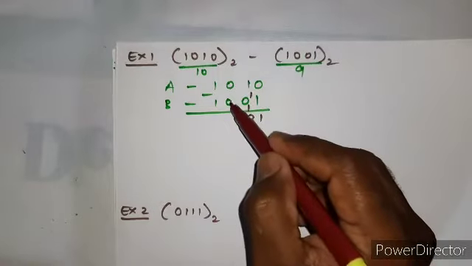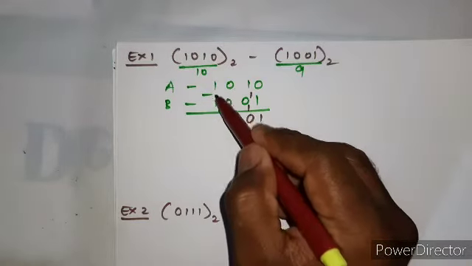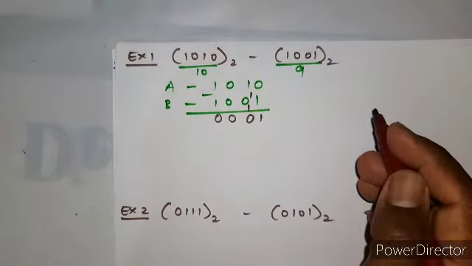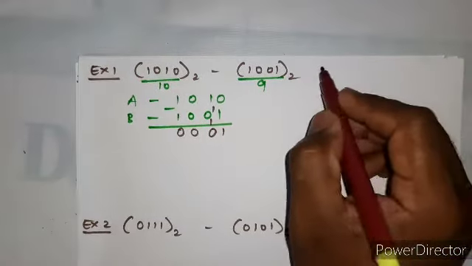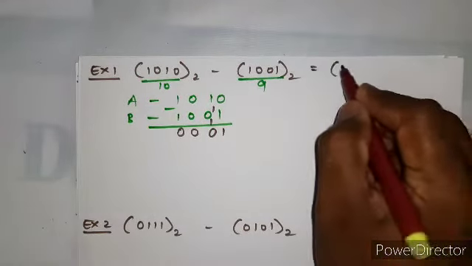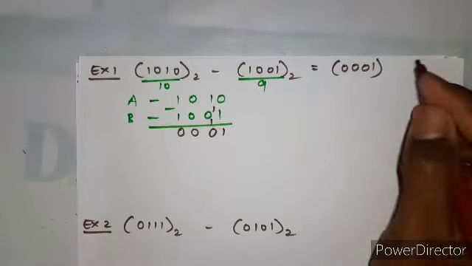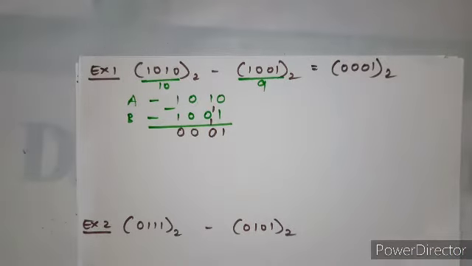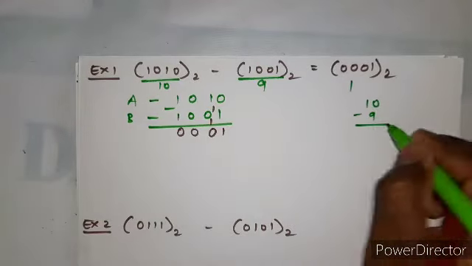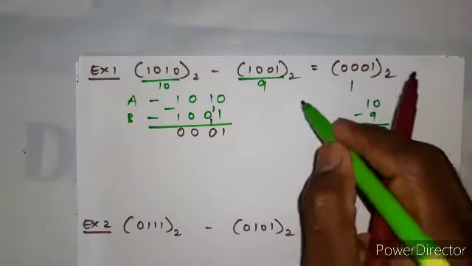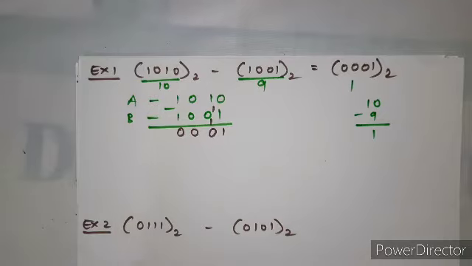Okay, so 0 minus 0 is 0, 1 minus 1 is 0. So the answer here is 0001 in binary, which is 1 in decimal. Okay, so 10 minus 9 is 1, which is the correct answer.